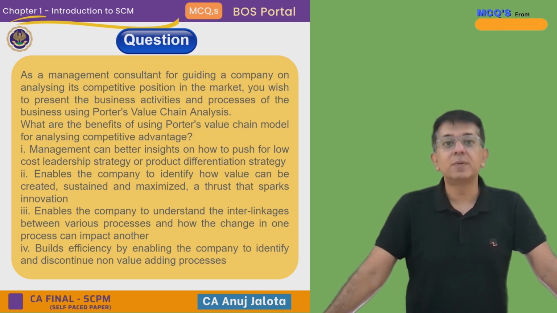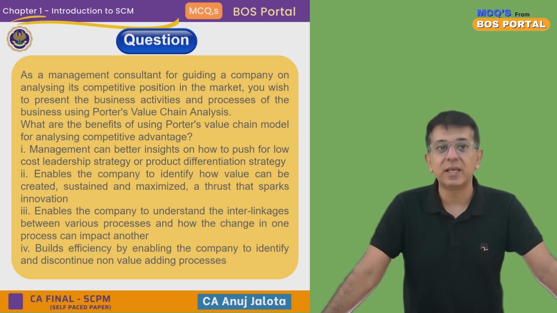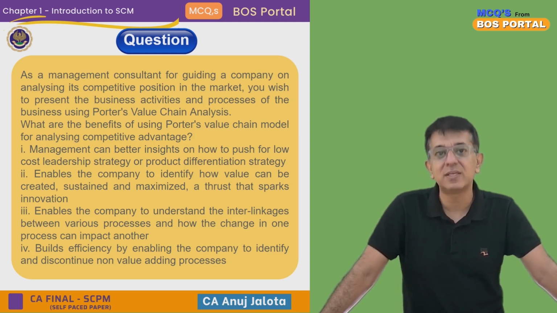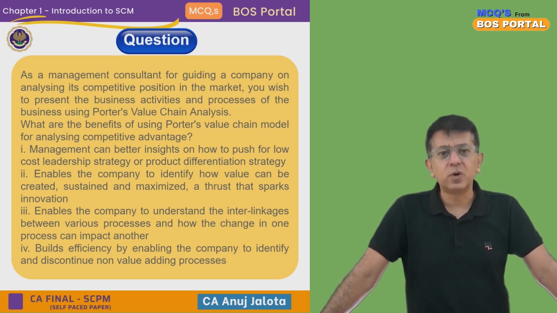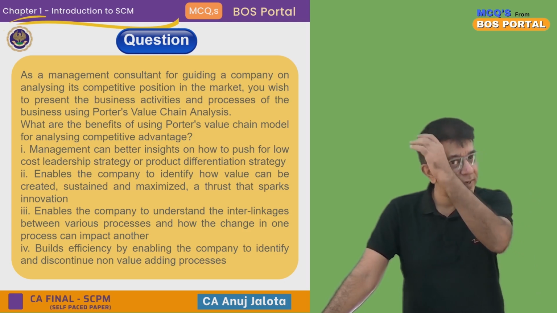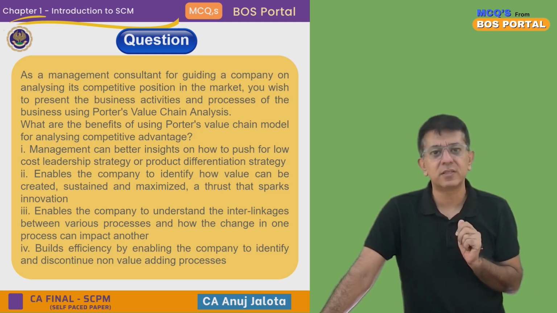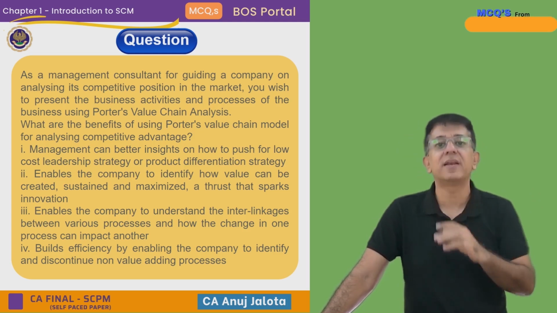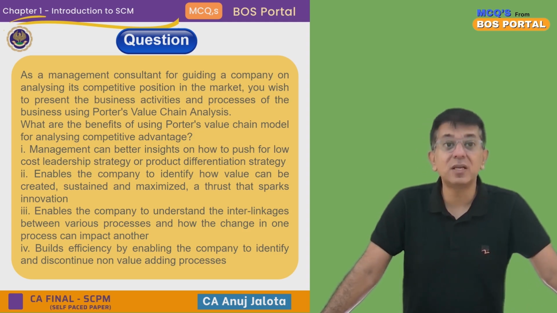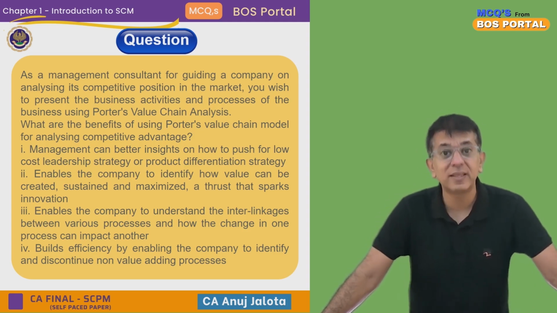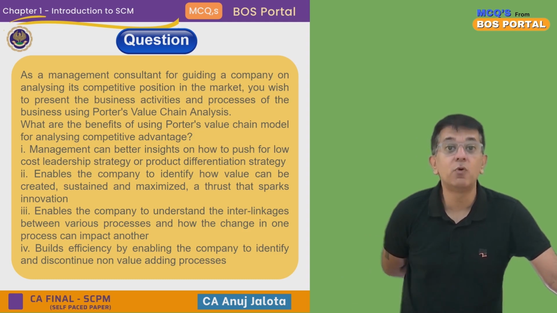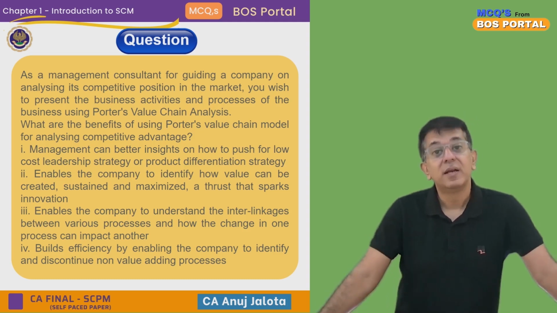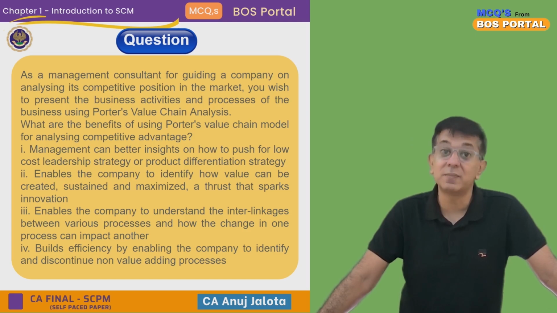Third, it enables a company to understand the interlinkages between various processes and how a change in one process can impact the other. You have your 5 primary activities, and in this case your 4 secondary activities. The value chain is well known for one thing, that it helps you identify how a change in one activity will affect some other activity.